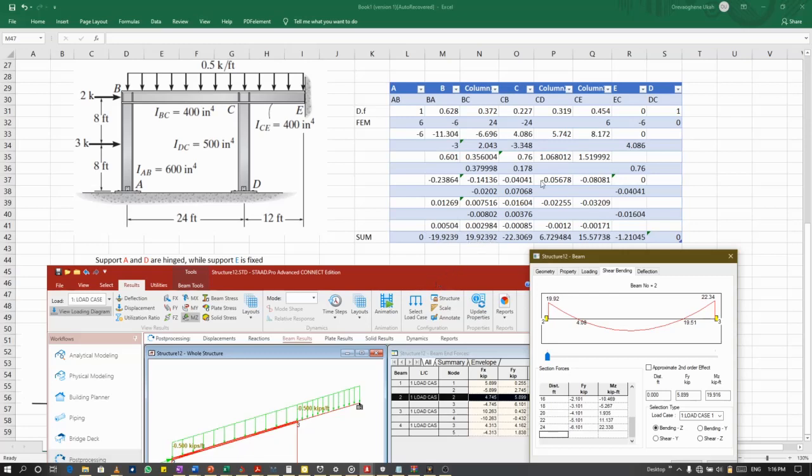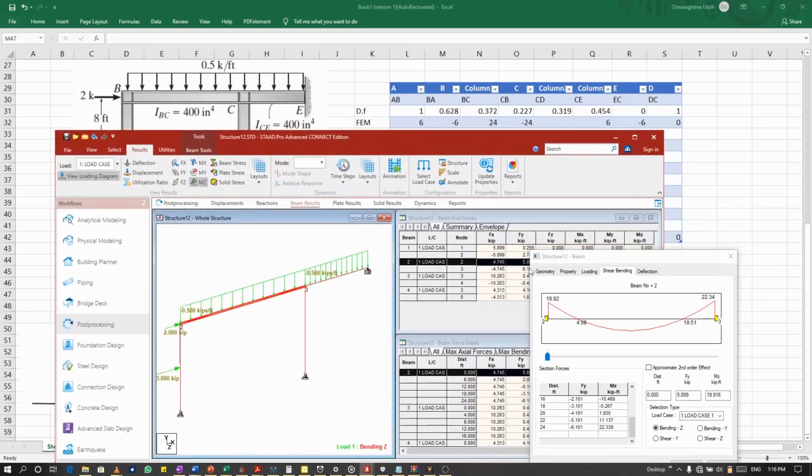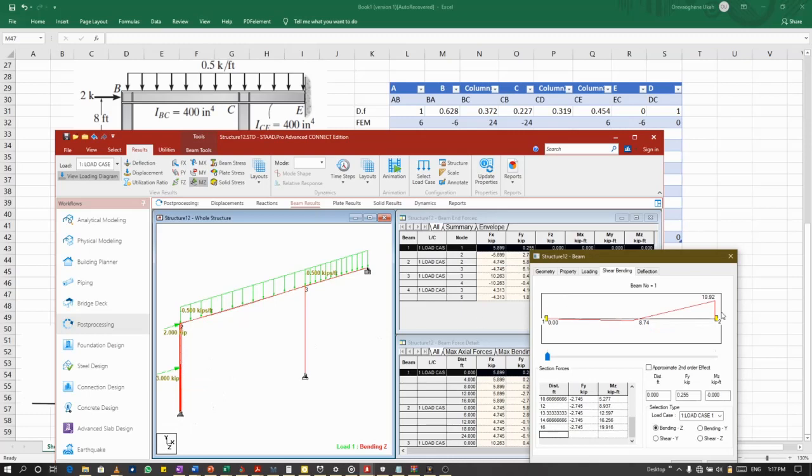If you look at joint C in this model example here, you can see that it's actually 2 and 3. We have 19.92, which balances what we have at this other side at 2, which is 19.92.